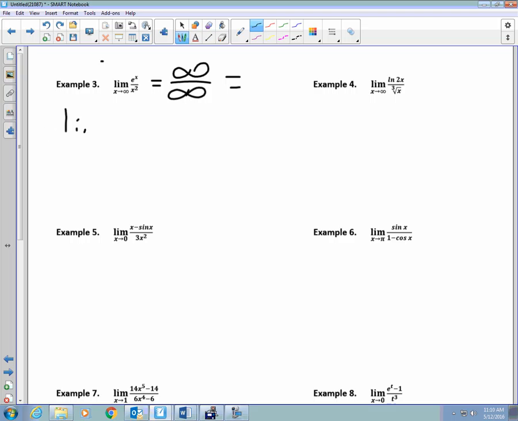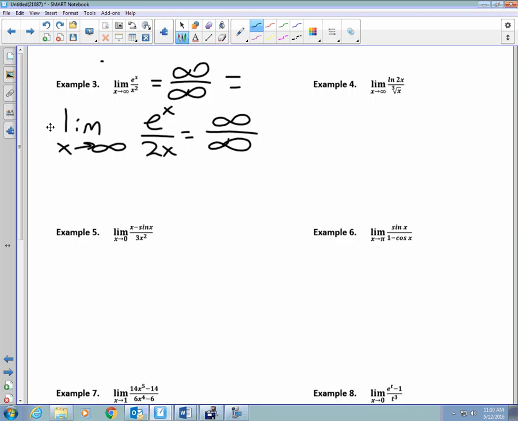So we do limit as x goes to infinity of, let's take the derivative of the top. Isn't that beautiful? Divided by the derivative of the bottom, 2x. Let's plug it in. E to the infinity is infinity. 2 times infinity. Oh no, what should I do?